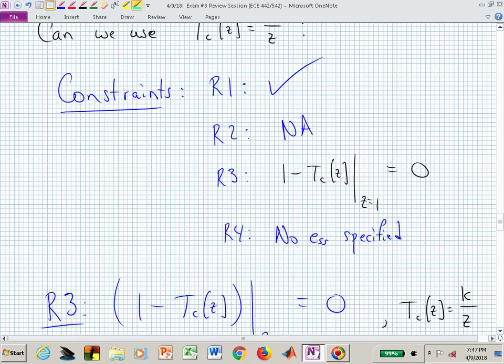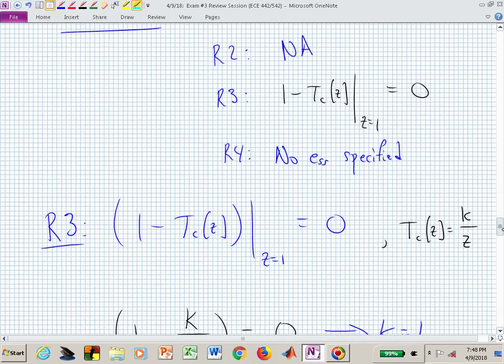So we have restriction 1 met, restriction 2 not applicable, restriction 3 not applicable. R4, no steady state error required. What do we do? Well, maybe now you want to have a DC gain of 1 for T sub C of z. You could still make that happen.